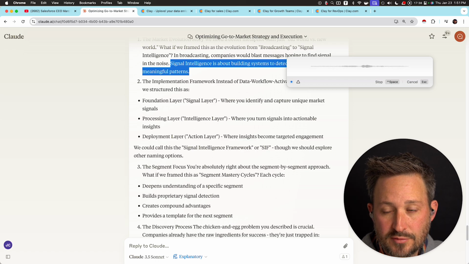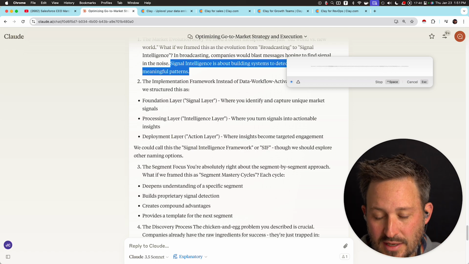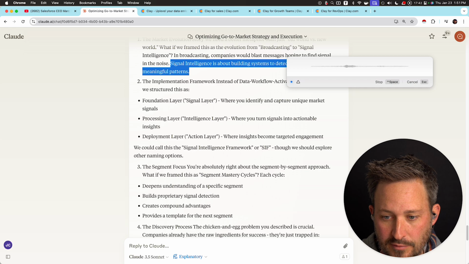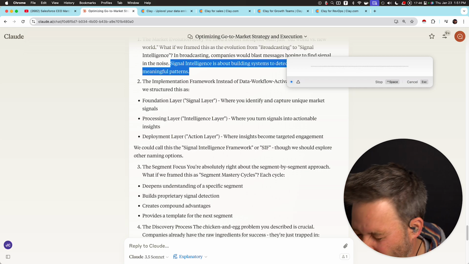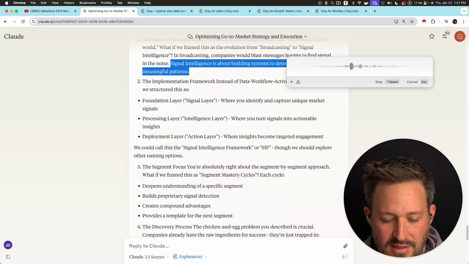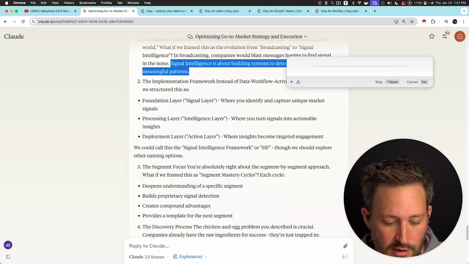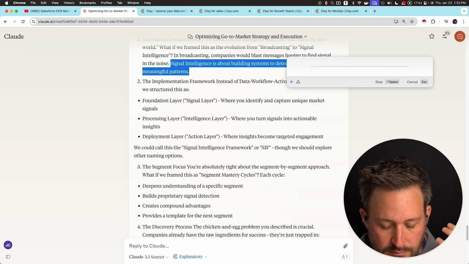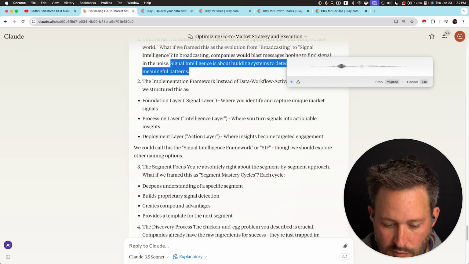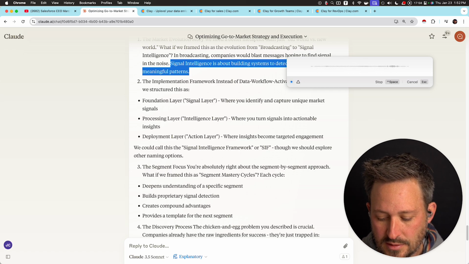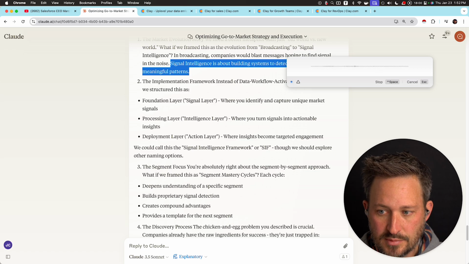So first you have to gather all that information in one place. For a segment, you have to turn that into signal. And I don't like the word signals because it's not just signals, it's data. So there's discovery. There's the data foundation for the segment. Then there is a systems foundation, and then there is a deployment layer.